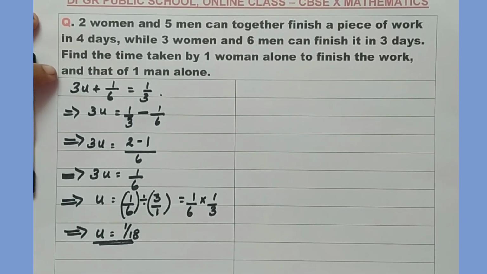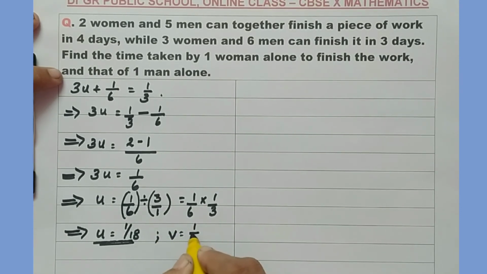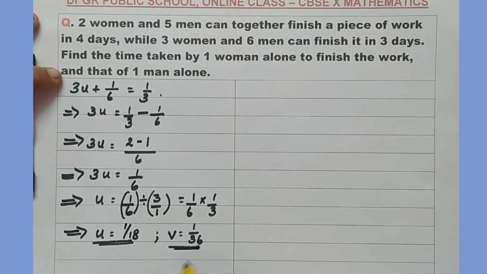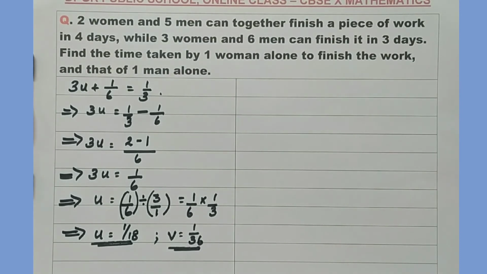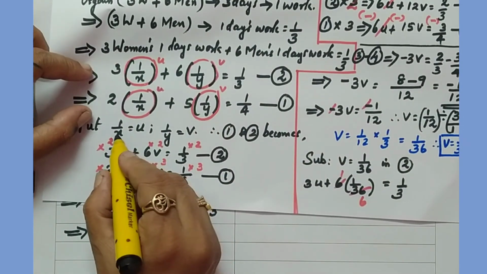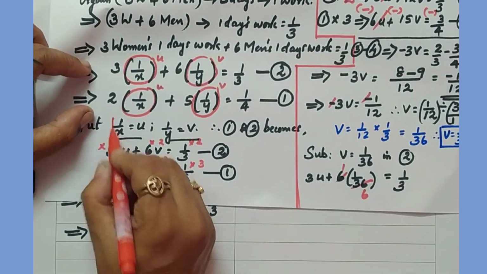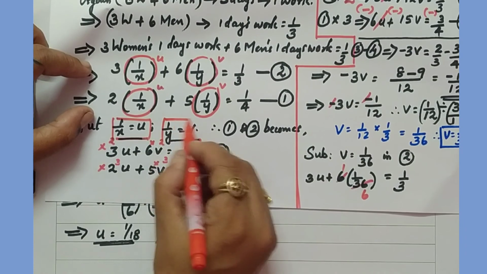U equals 1 by 18 and the value of v obtained is v equals 1 by 36. Now, we need to think about what u and v are. U and v we need to replace. Our substitution is 1 by x equal to u and 1 by y equal to v. This is our substitution, 1 by x as u and 1 by y as v.